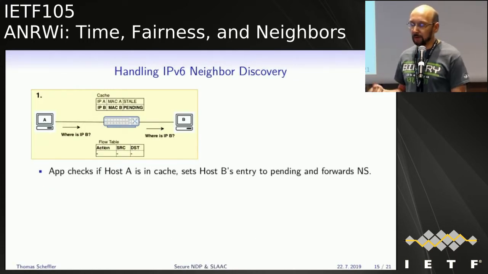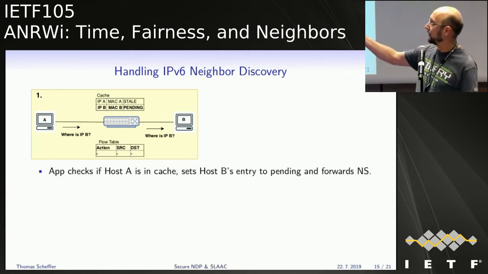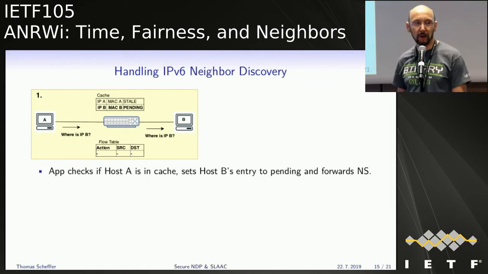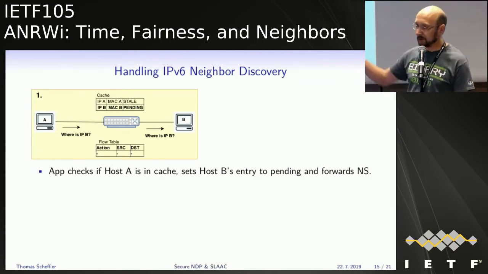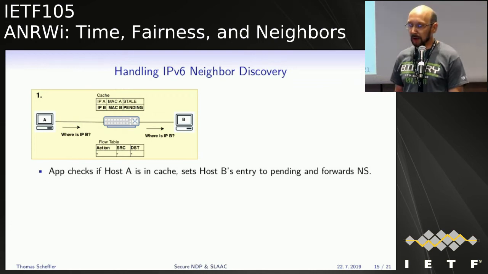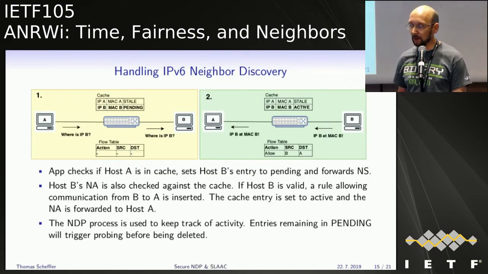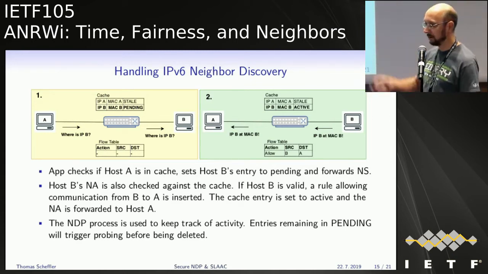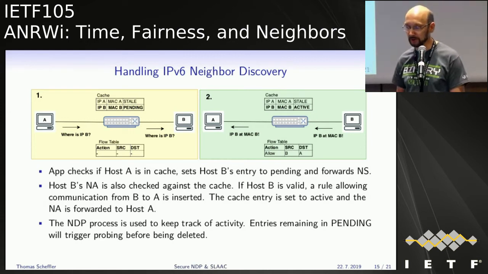And then if we have our cache built, our neighbor cache, we use this neighbor cache in order to validate packets going between these entities. And whenever we have full active communication going on between some entities, then we install a flow in the SDN switch.